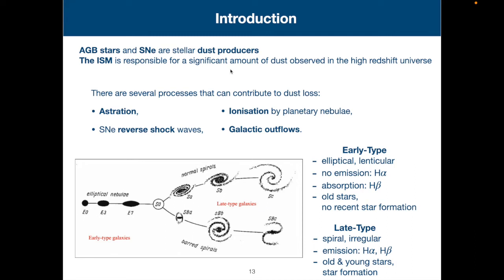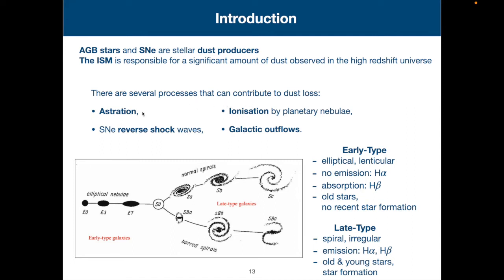However, dust evolution is not only relevant in the context of the interstellar medium, but is also one of the main factors defining the evolution of stars and the entire host galaxy. So there are several processes that can contribute to dust loss.